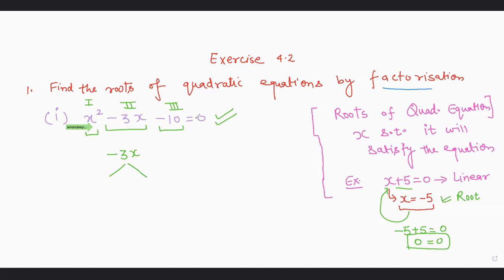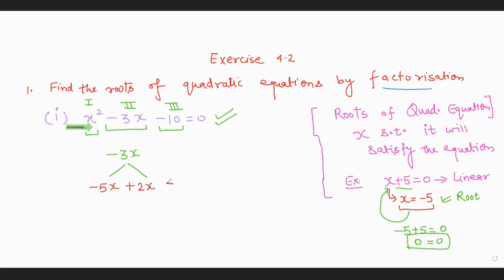Let's say we write negative 3x as minus 5x plus 2x.